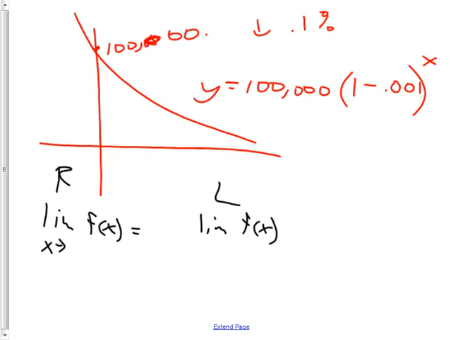Both start the same way. The right limit means way over there, which would mean x goes to infinity, and if I ever could get to infinity, it would get to 0. But I never can get to infinity, so it won't ever get to 0. So I say it approaches 0.